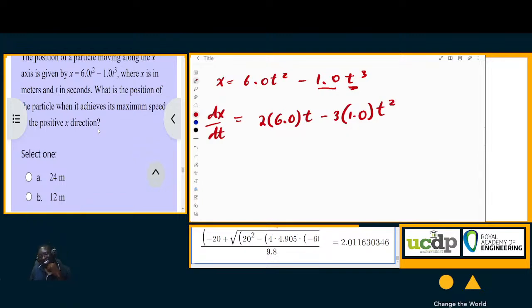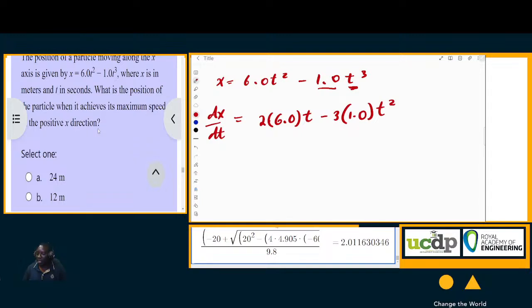Now I'm a little bit lost, because we are not given any time to substitute. Good, it's all right, it's not a problem. We have a particle that is moving as a function of t squared.